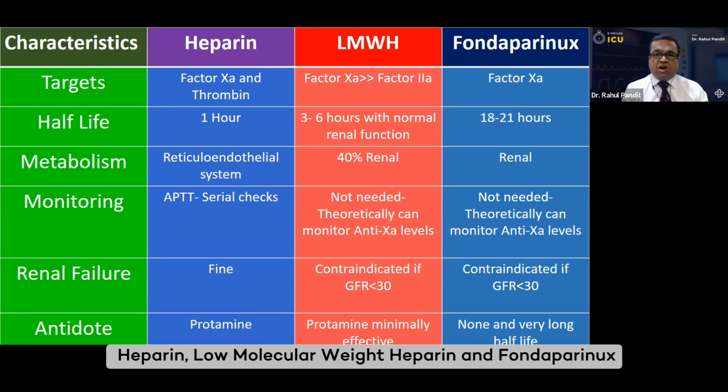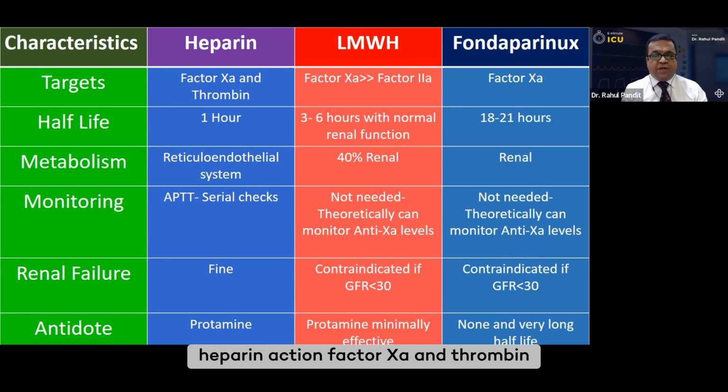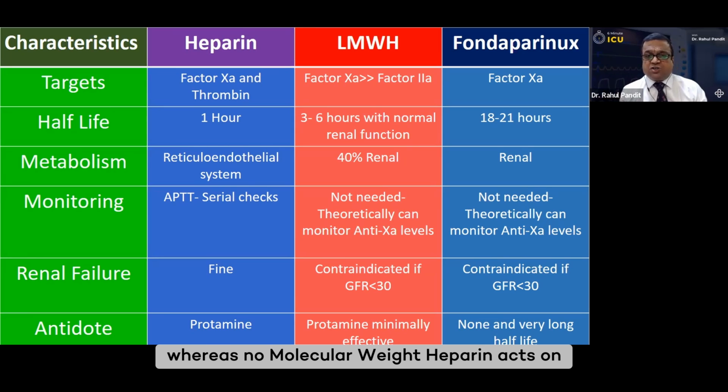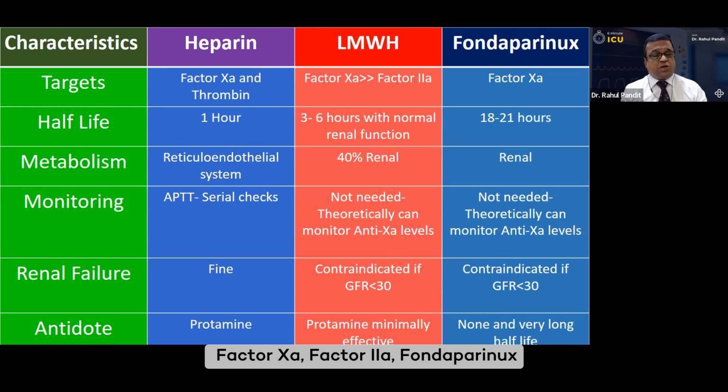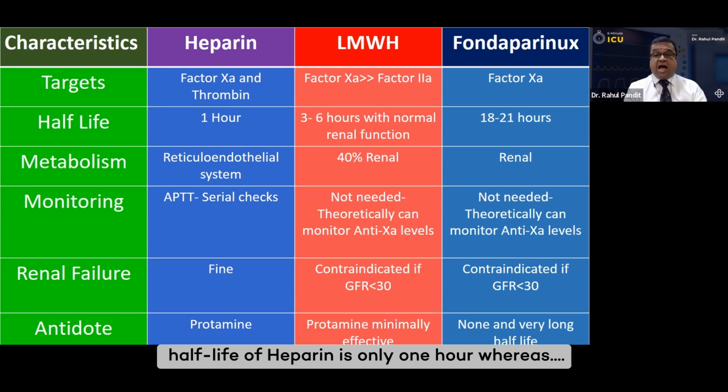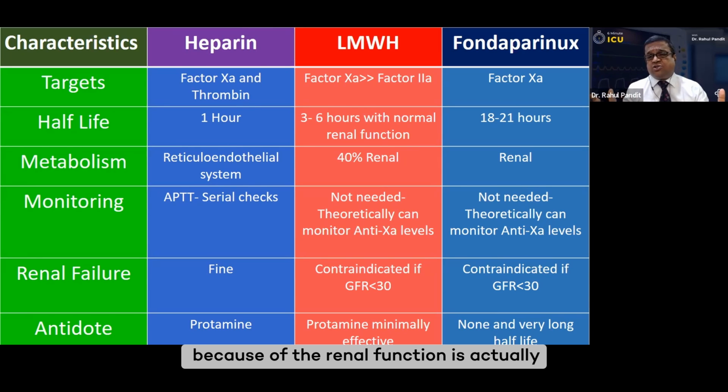Heparin, low molecular weight heparin, and fondaparinux. Heparin acts on factor 10A and thrombin, whereas low molecular weight heparin acts on factor 10A and factor 2A. Fondaparinux acts exclusively on factor 10A. Half-life of heparin is only 1 hour, whereas renal function is a very important integral part of the clearance of low molecular weight heparin.